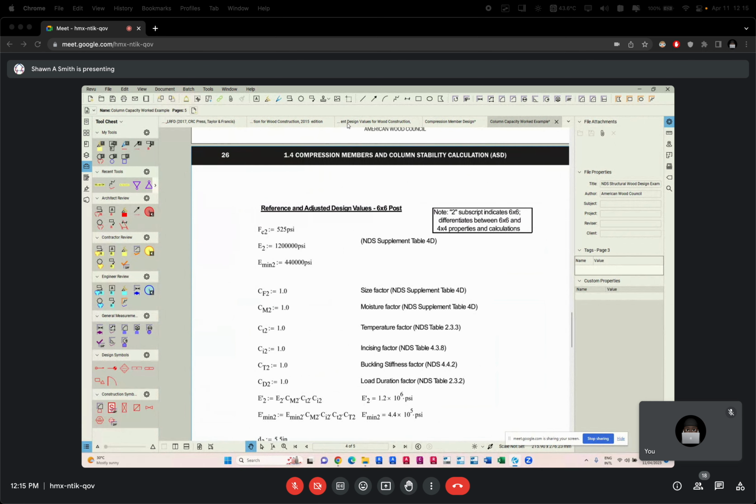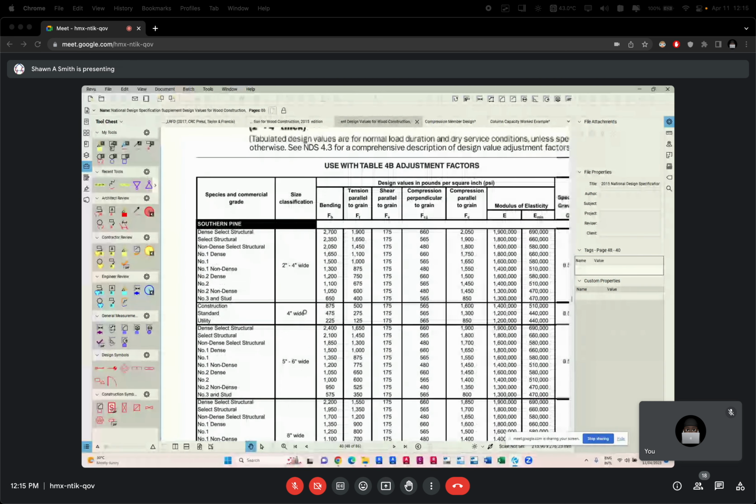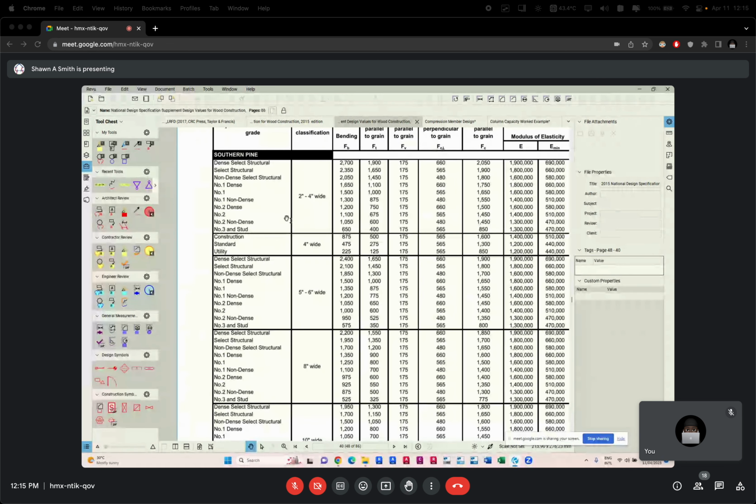Now let's get back in the table. It's a 6x6 Southern Pine, number 2.